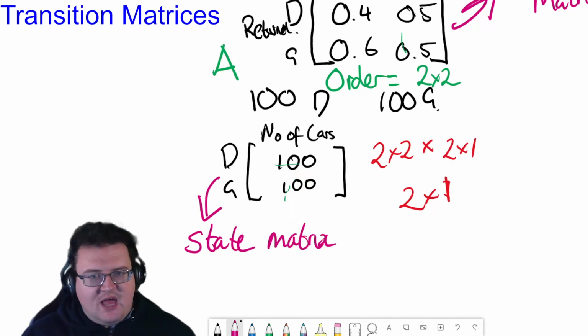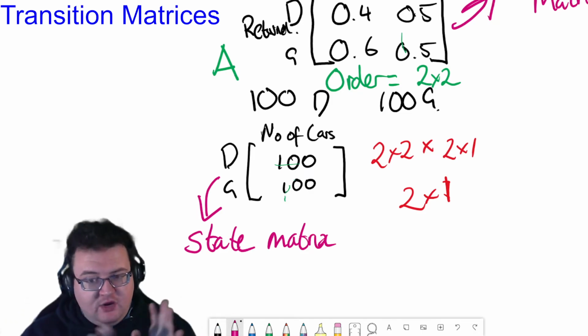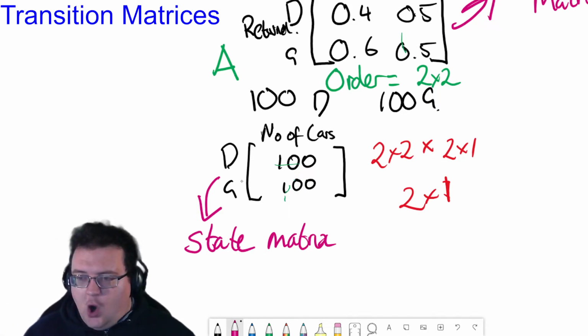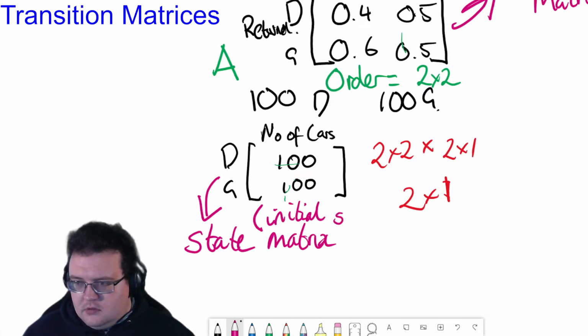If, for example, I am doing a problem like this and I'm doing it repeatedly, and this is my first measurement, then this is also called the initial state matrix.